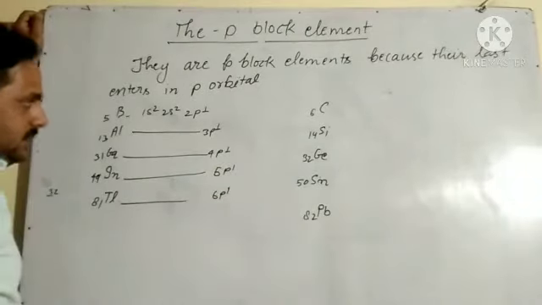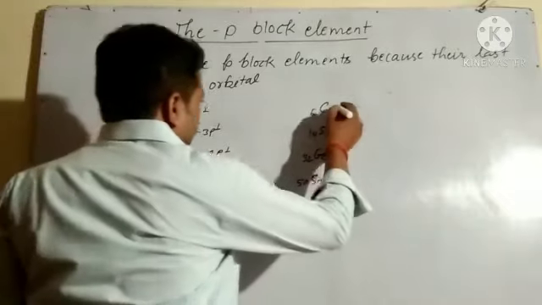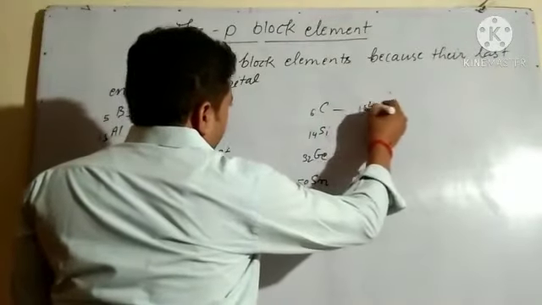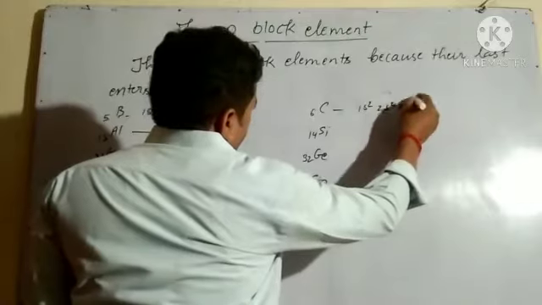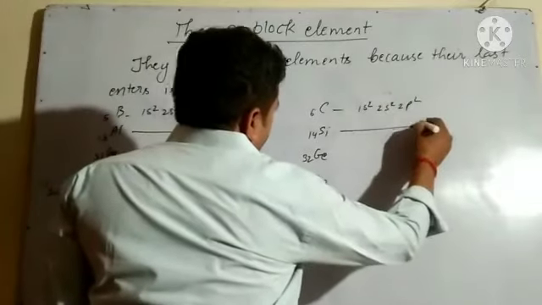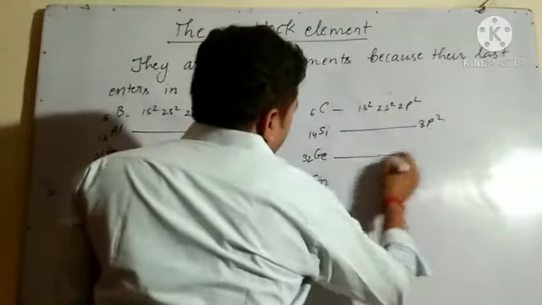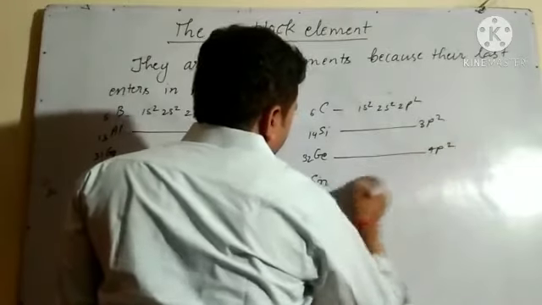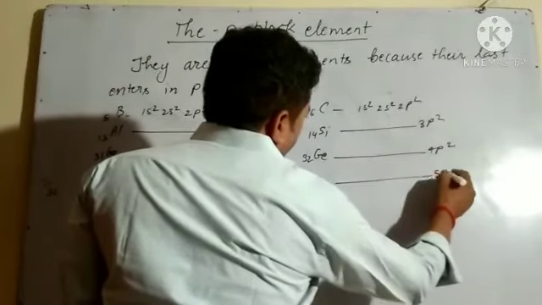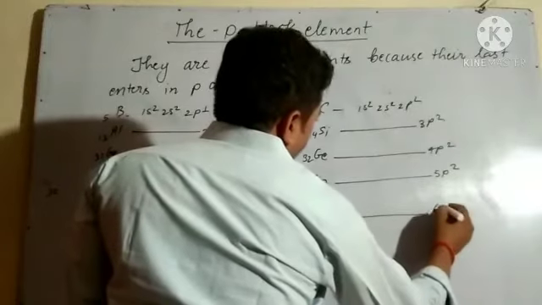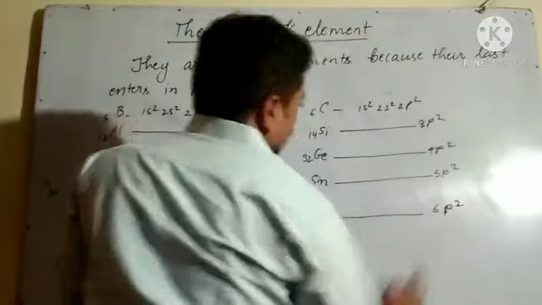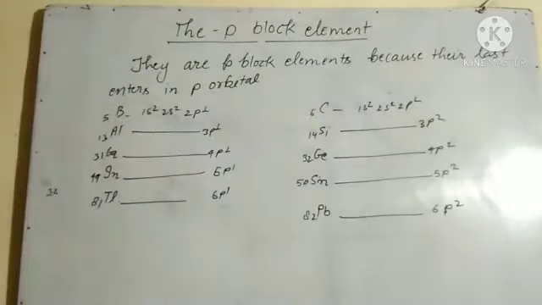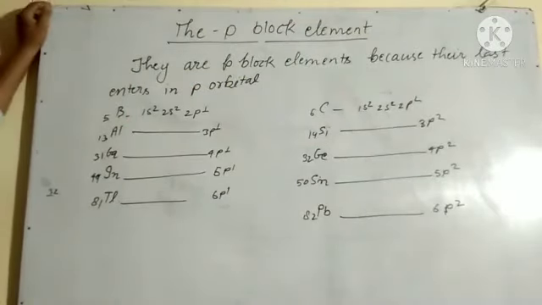And for the carbon family, 1s2, 2s2, 2p2, for this 3p2, for this 4p2, for that 5p2 and for this 6p2. Okay students, so these are the electronic configurations of the boron family and carbon family.